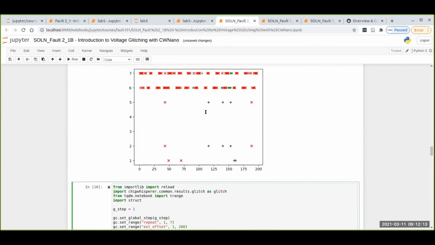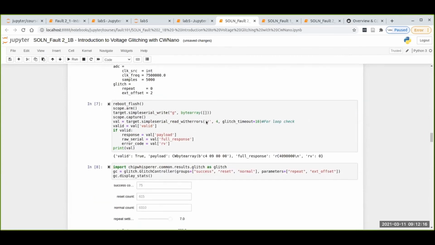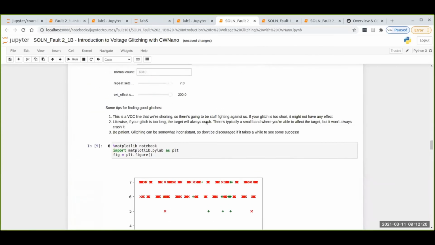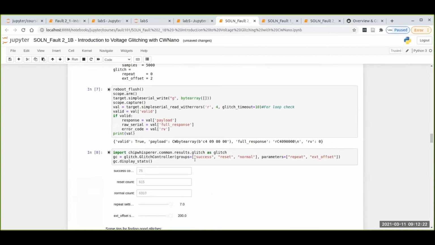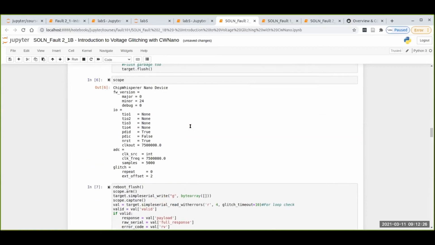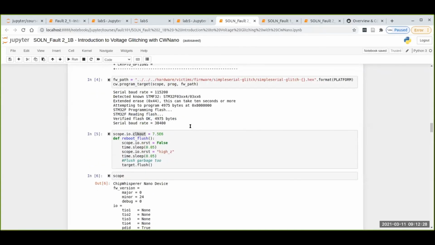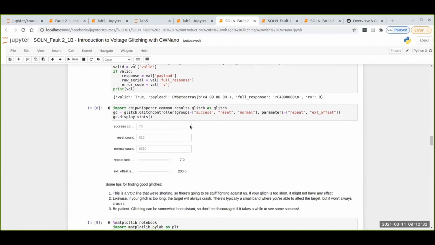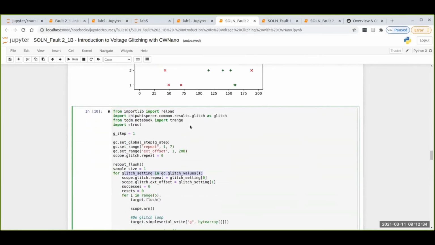So we set up an experiment here. Where was it? Right here.